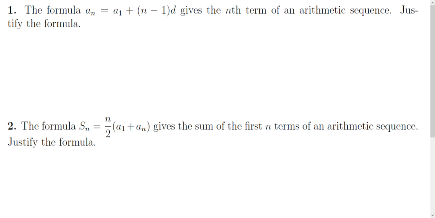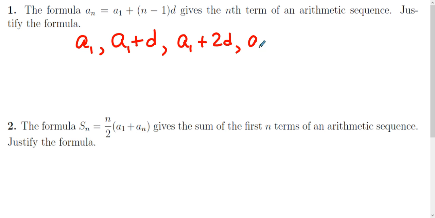So for arithmetic sequences, remember, you have some first term, and then to get the second term, you take the first term and add some number d, and then to get the third term, you take the previous term and add another d, and so on.